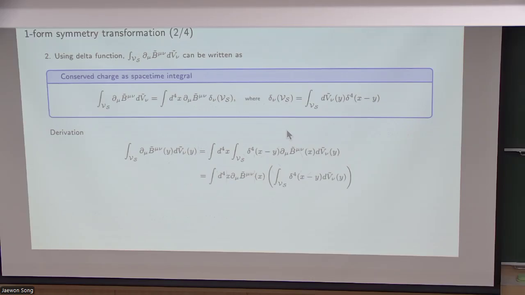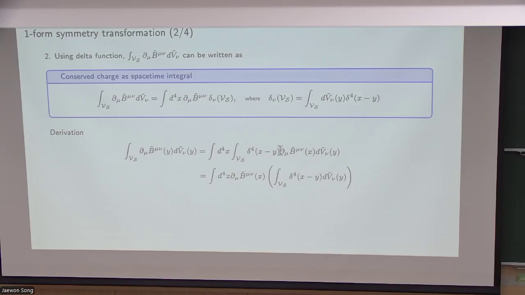Then we use the delta function. By using the delta function, this volume integral can be written in terms of the space-time integral. The derivation is simple. We add the delta function with the space-time integral, and in the presence of the delta function, the argument y can be exchanged to the argument x.